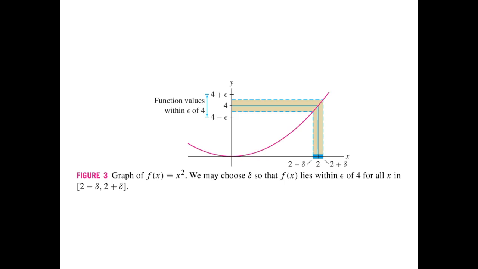And again, this is just a picture of what those are saying. If you choose an epsilon within this, then this delta is going to work and guarantee you get within that. Now, like I said, that was enough of a pain in the neck.